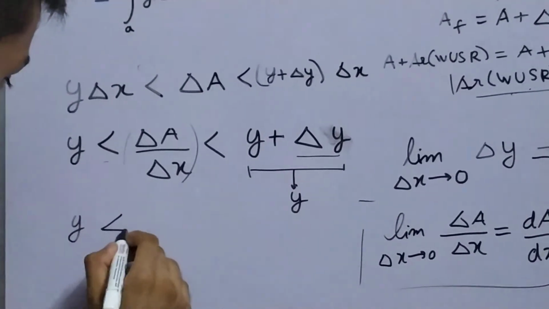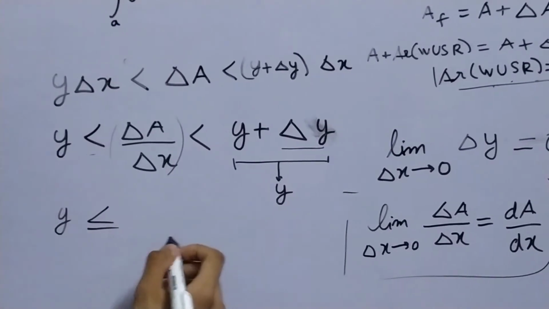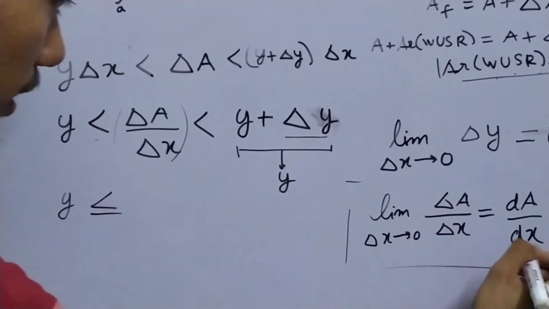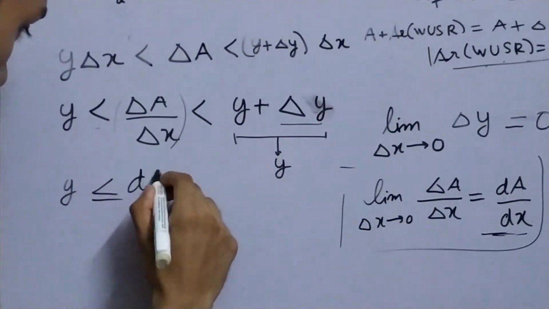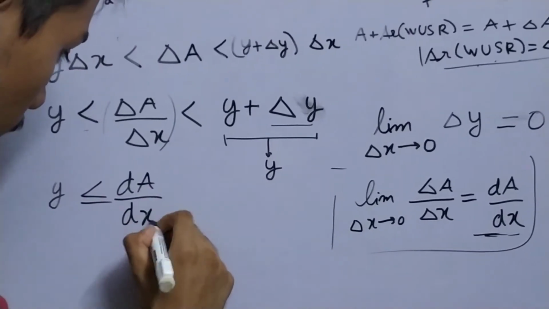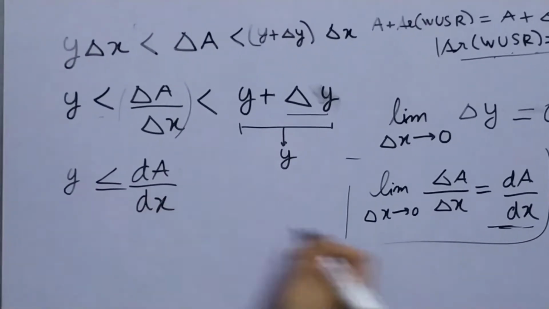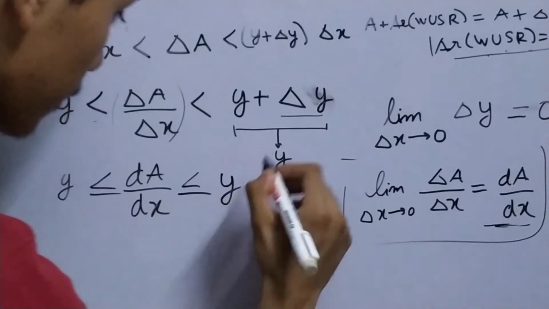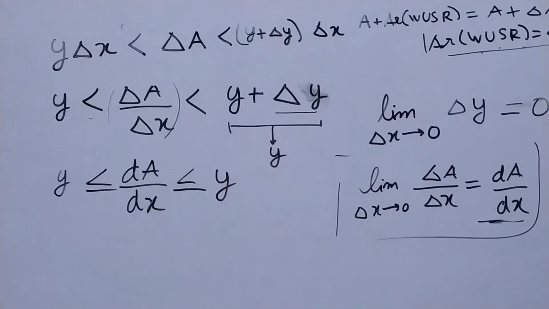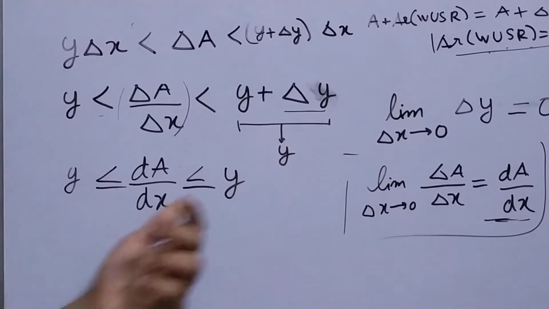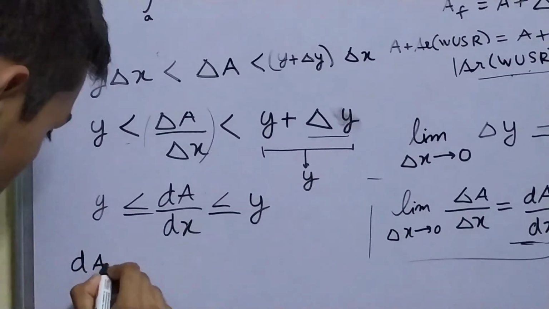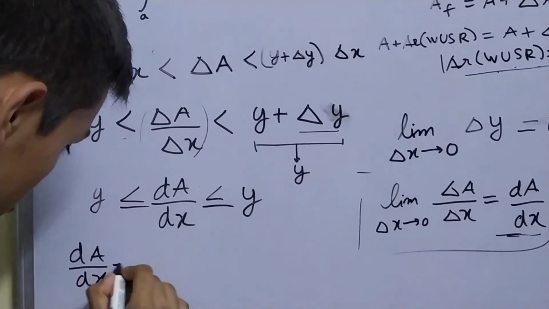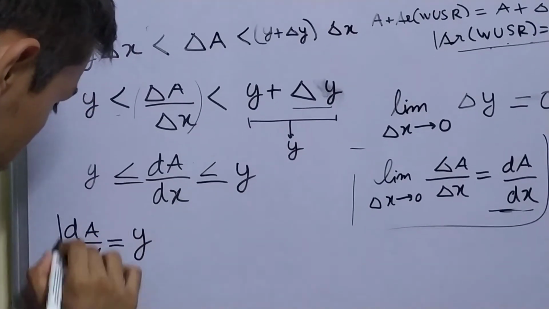So y is equal to this expression. I'm straight away writing dA by dx because that is how a derivative is defined, and this will again turn into y. And this obviously holds if dA by dx is equal to y.